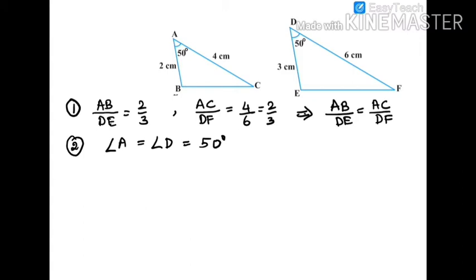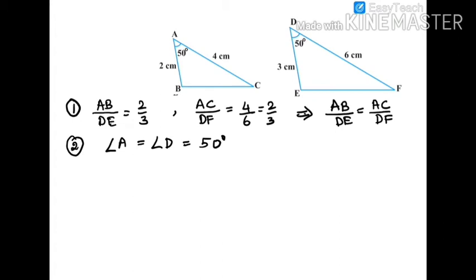Now measure the remaining parts of these two triangles, that is, measure BC and EF, then find its ratio BC upon EF. Also measure angle B and E and see if they are equal, and measure angle C and F and check whether they are equal. What do you find?